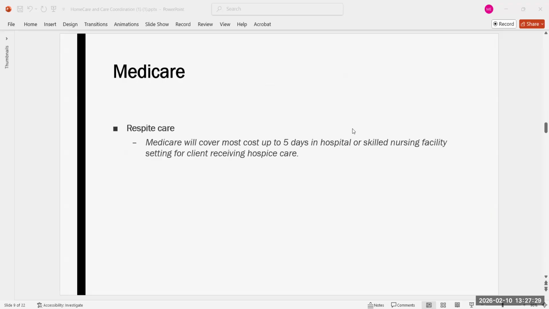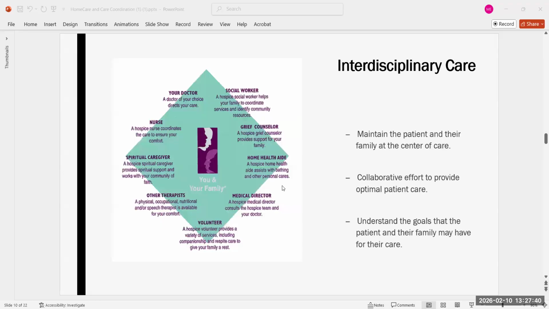So there can be this financial burden on the family, their caregivers, and there's already enough going on for them, and this is just one additional piece. So in order to ensure that your client is receiving the best care possible and all of their needs are being met, you do need to ensure interdisciplinary care and communication.